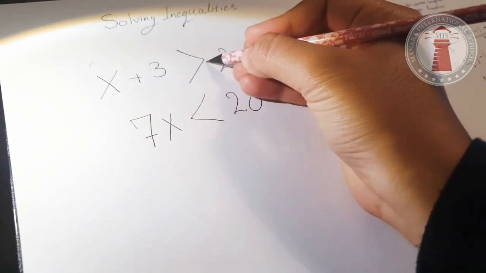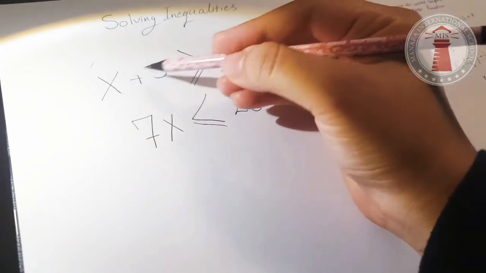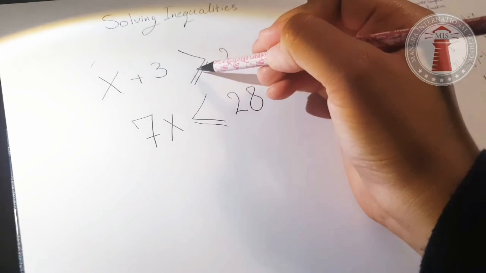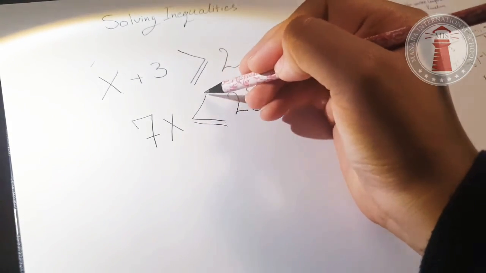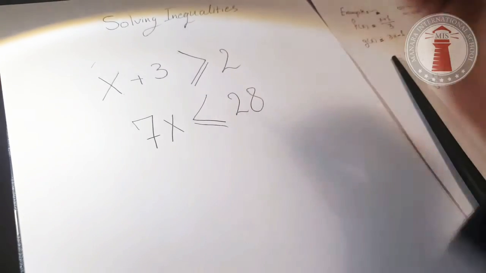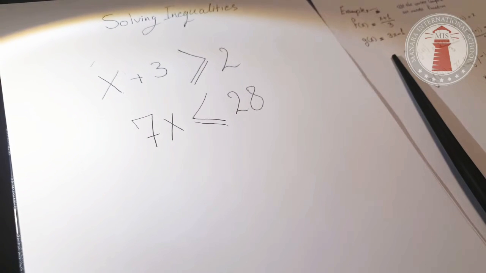Now it's the same if we just add a line in here. It becomes x plus 3 is greater than or equal to 2. 7x is less than or equal to 28. So both conditions apply. It's greater than or equal, or greater than and equal.